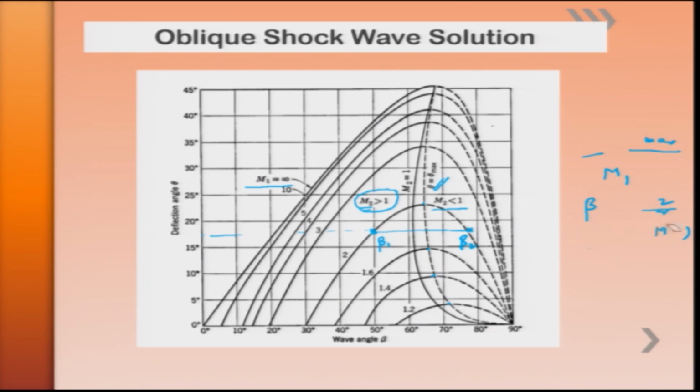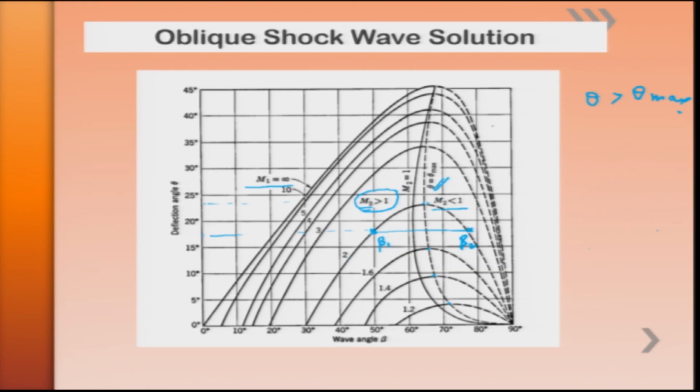When the given deflection angle is greater than theta maximum, say at Mach 2, if my deflection angle is more than this, then drawing a line parallel to this will not intersect anywhere on this curve. That means in these circumstances no solution is possible.